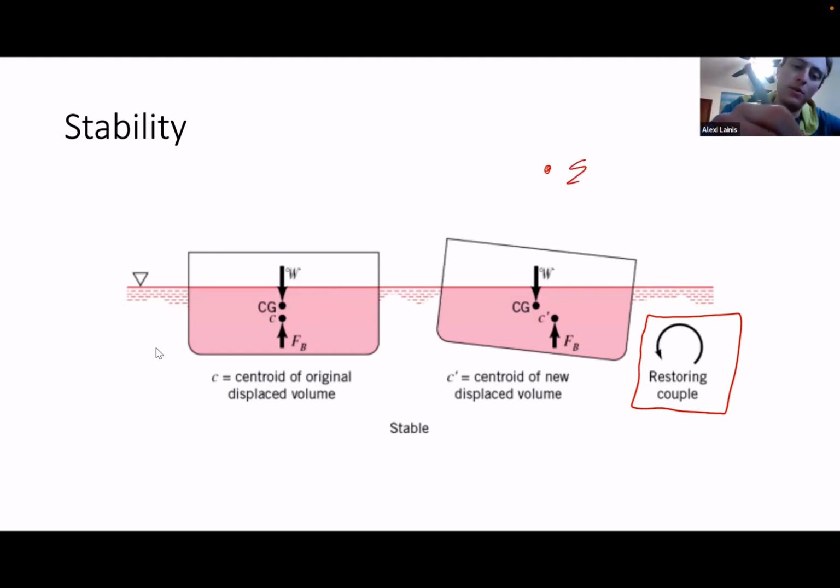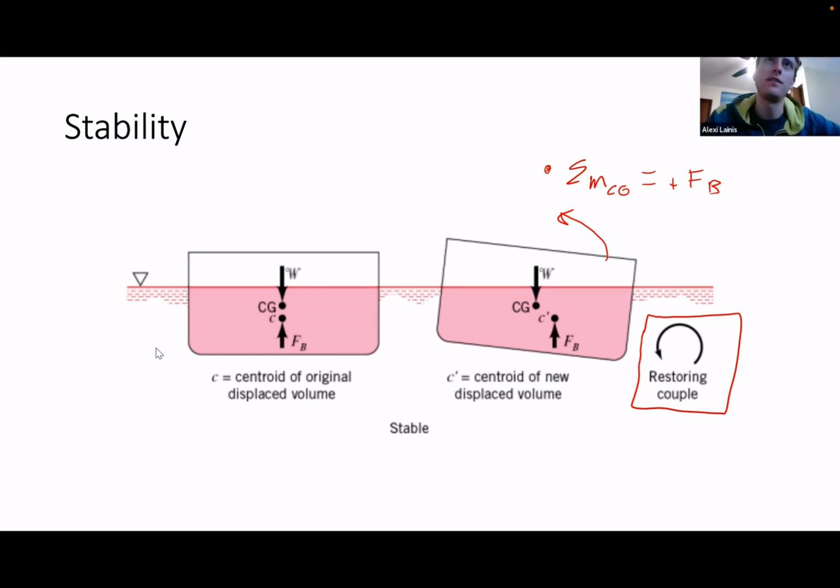So the sum of moments would just equal the force of buoyancy. In this case it'd be a positive force because it's going counterclockwise, but more importantly, it's going in this direction, which means it's a restoring couple. It's restoring the ship back to its previous position.